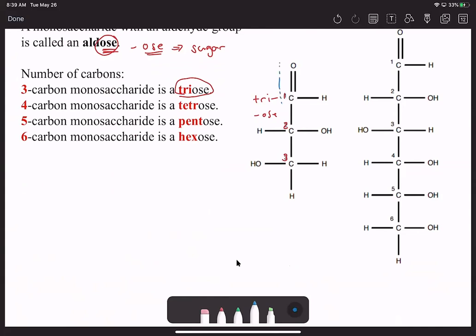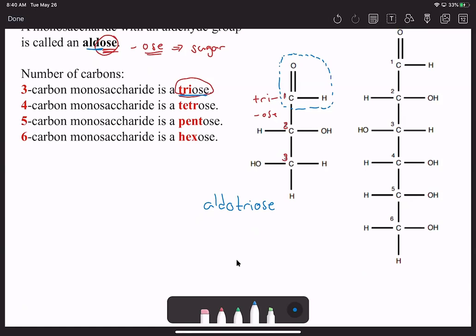This is an aldehyde functional group. So we're actually going to use part of this aldose name to name it, and this becomes aldo, tri because there's 3 different carbons on there, and OSE because it's a sugar.